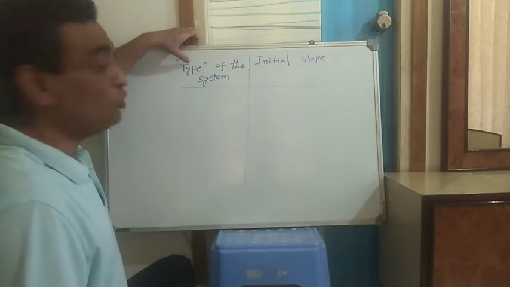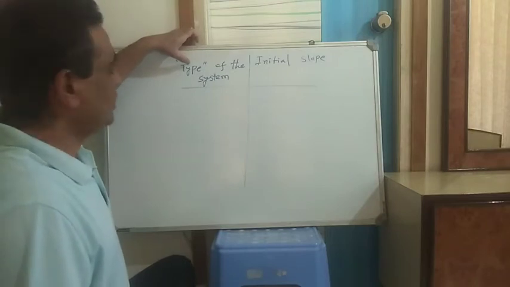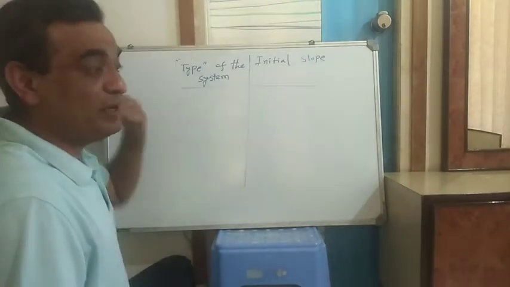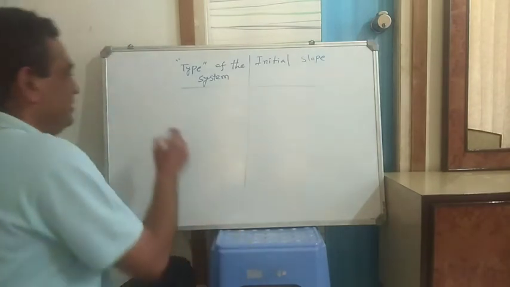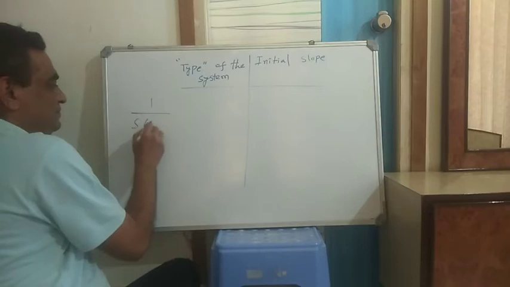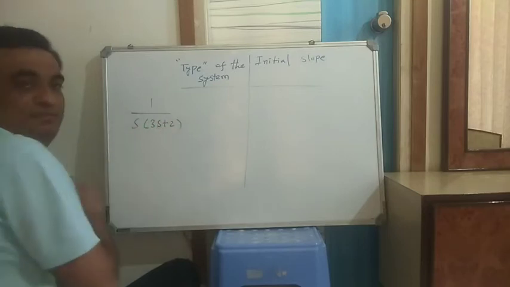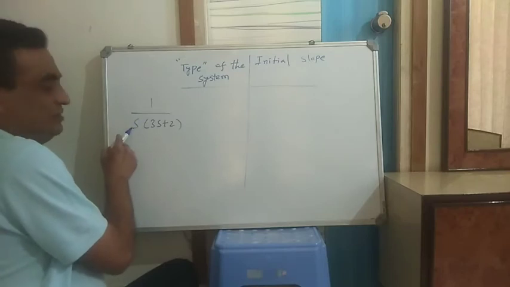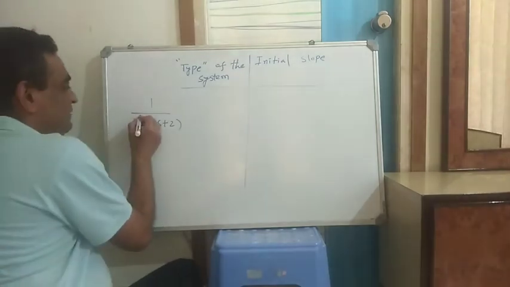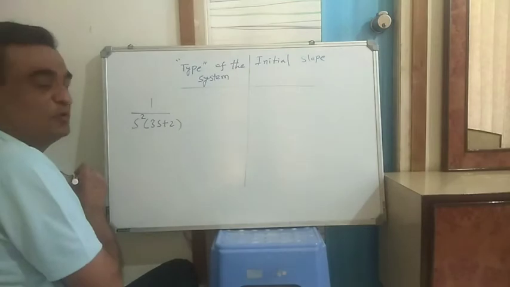So I need to understand this step. We know what we mean by the type of the system. The type of the system is the number of poles at the origin in the S-plane. If, let's say, this is the system G(s)H(s), and there is one pole at the origin, then it is a type 1 system. If it is this, then a type 2 system.